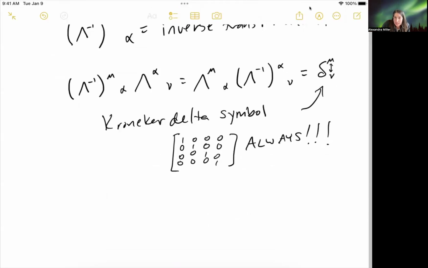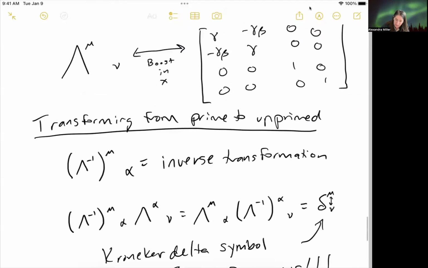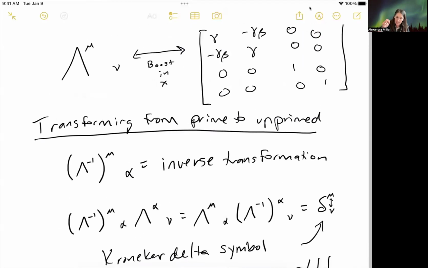Now, for some of these, it's easy to find. For a boost in x, where the reference frame is moving to the right, the inverse is just going to be moving to the left. So to find our inverse transformation for our boost in x, we just send the speed, which is carried in beta, to minus beta.